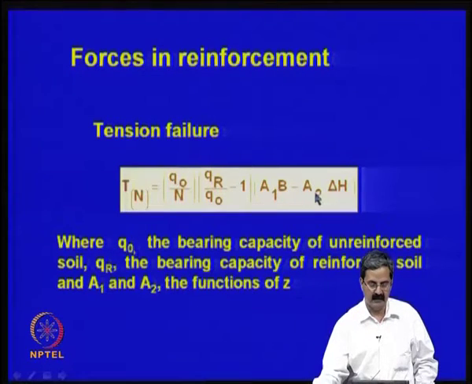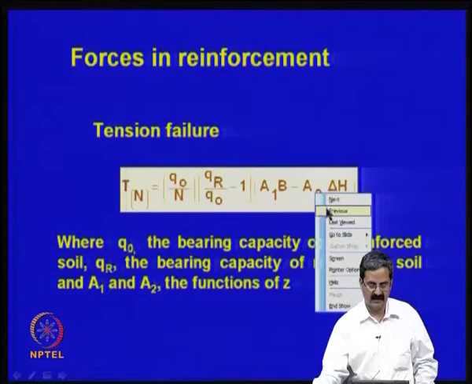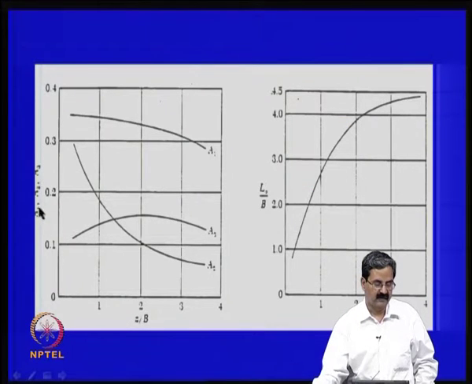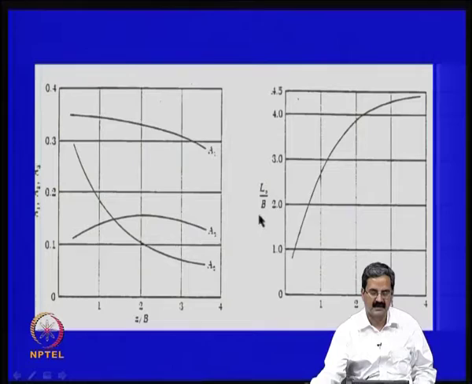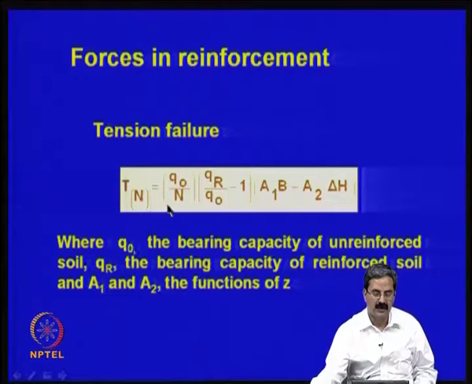Okay, so the A1, A2 are the factors that I showed you here, A1, A2 I can get from here, right. The A3 factor will also be useful in other pull out resistance. So, once you know the required force and the spacing, and if I know A1 and A2, I can calculate what the tension is.